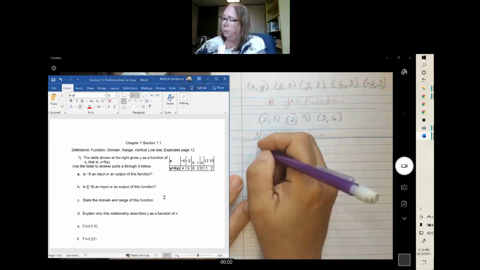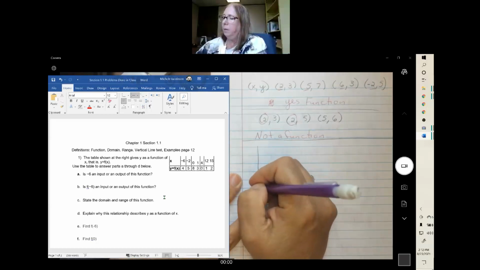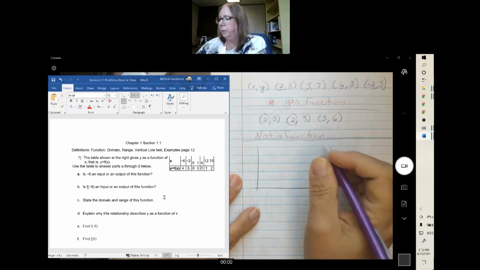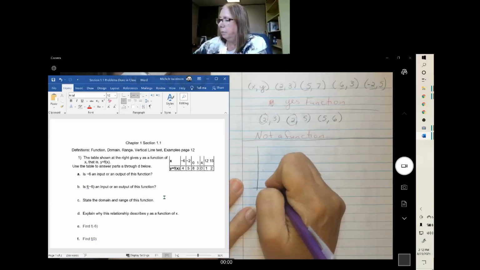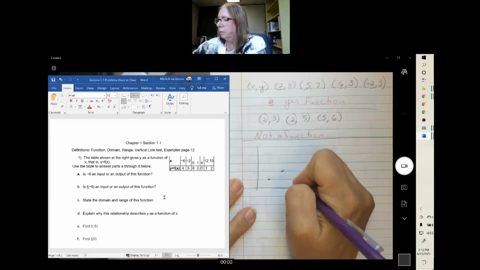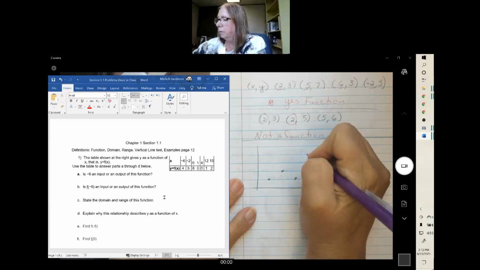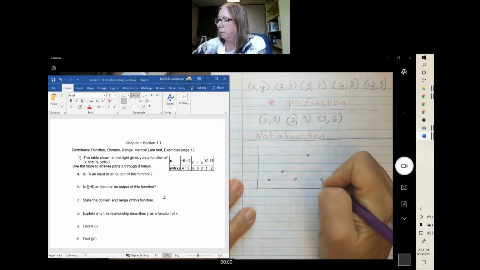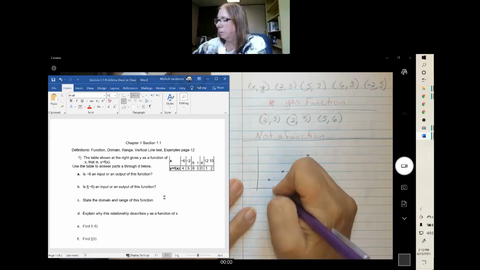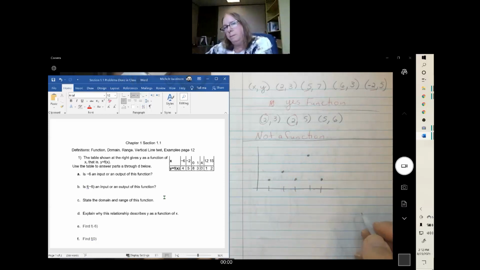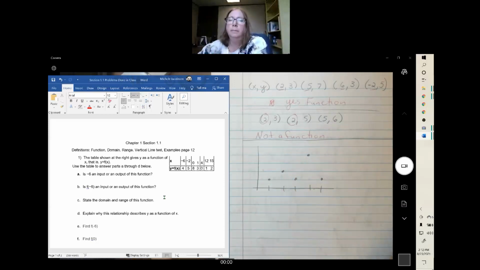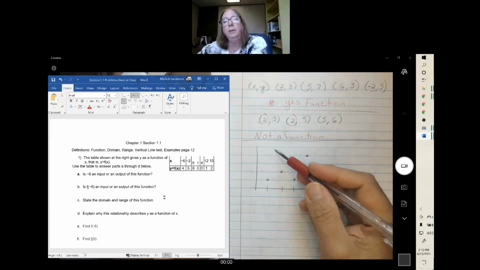You can also look at the points on a graph. If they plotted the points onto a graph, you can tell if it's a function by the vertical line test.